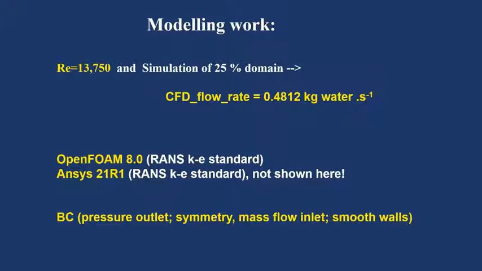So we simulate the mass flow rate as 0.48 kilos per second in order to achieve the indicative Reynolds number. And we use pressure outlet, symmetry conditions, mass flow inlet and smooth walls.